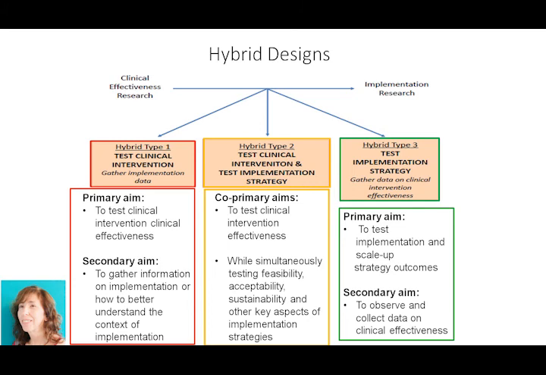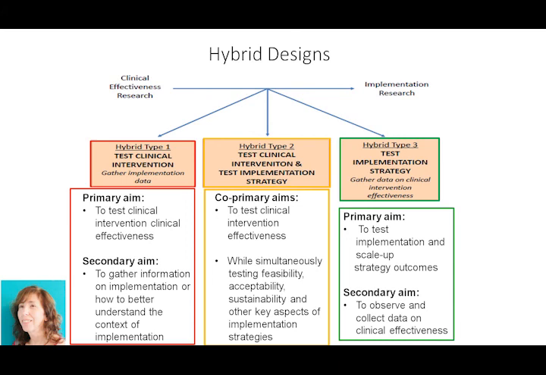Let's say, for example, nurses versus community health workers, or the intensity of the intervention, for example, frequency of text messages or the like. The secondary clinical outcomes are observed and are related to the level of adoption and fidelity produced by the different implementation strategies, which are again our main focus.